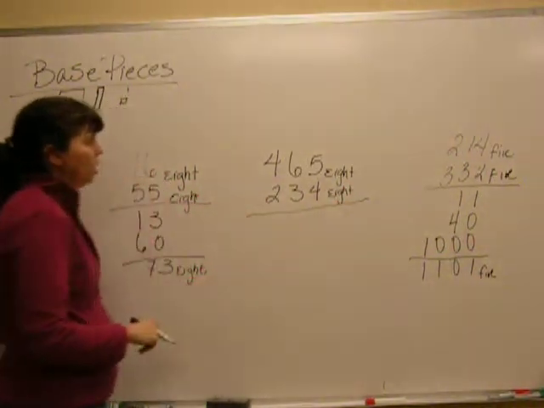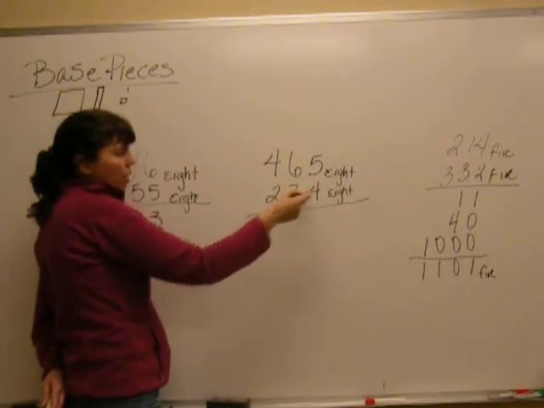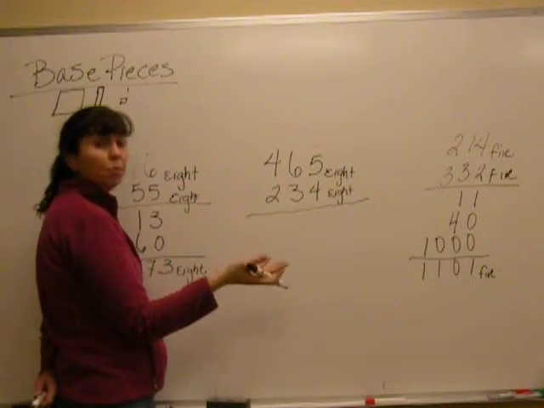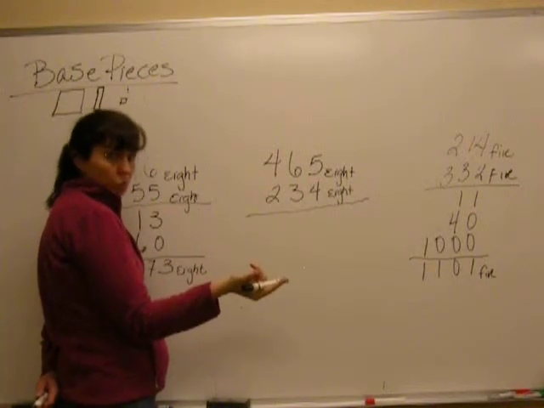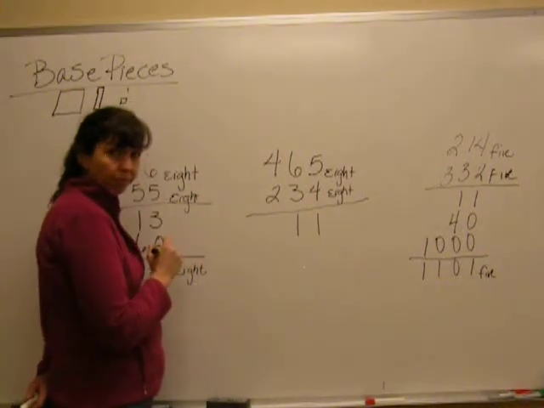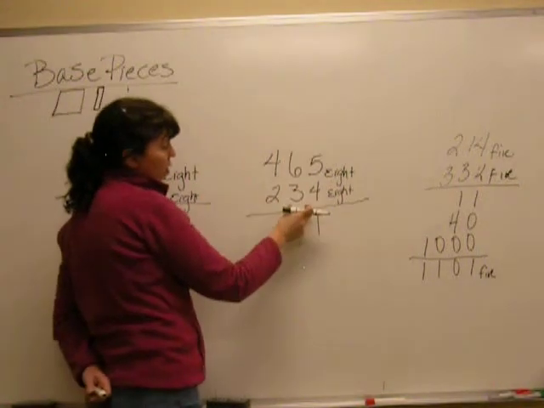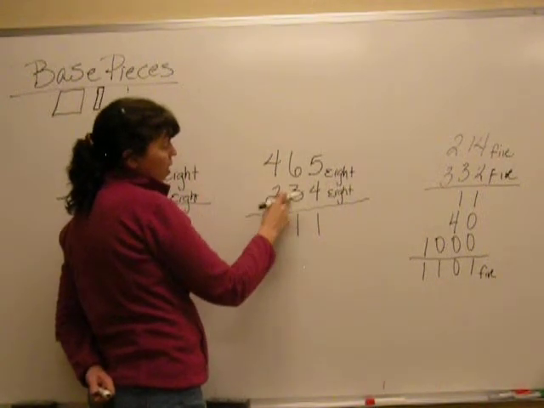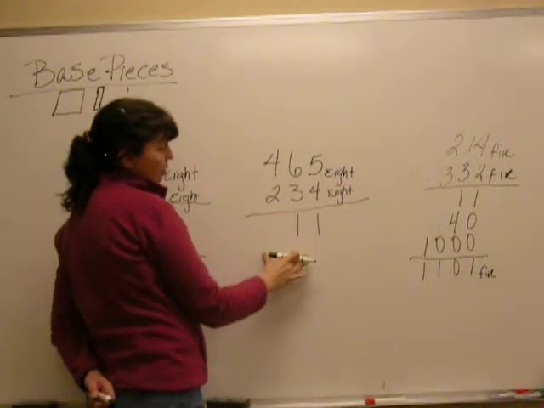Okay. All right, so when we look at this again, 5 and 4, 9, so how many groups of 8 is that? It's one group of 8 with how many left over? 1. So it's one group of 8 with 1 left over. Okay. Now we're going to look here. 6 and 3. Well, that's also 9, but you have to pay attention to your place values.